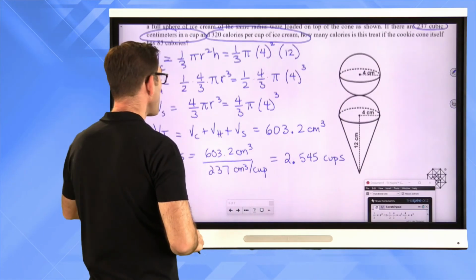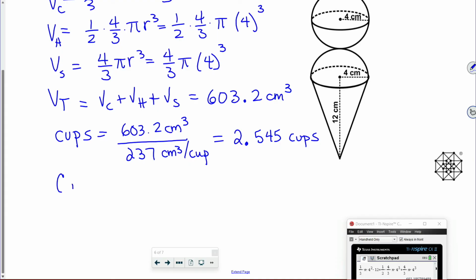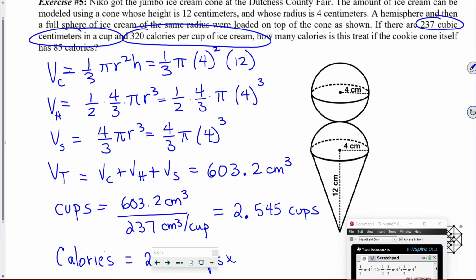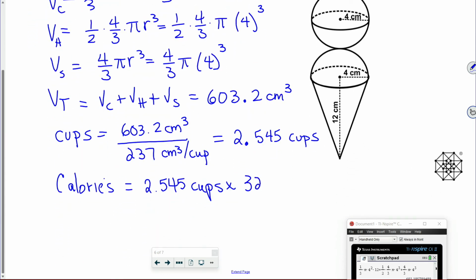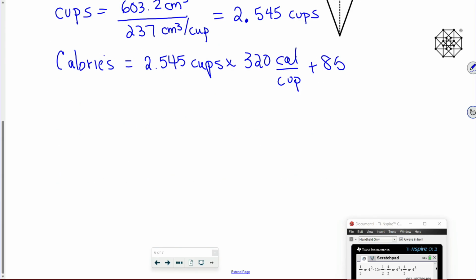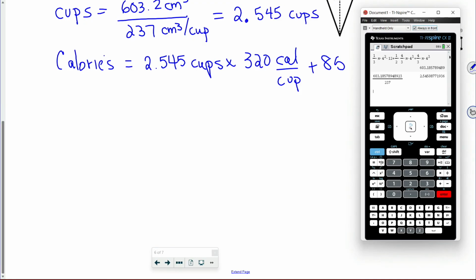So let's get our total calories now, right? So our total calories are going to be that 2.545 cups times, what was it again? 320 calories per cup. And then we've got to add on that measly 85 calories for the cone itself, which is probably the best part, right?